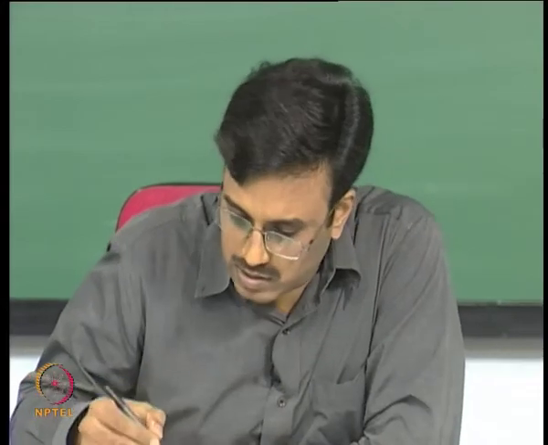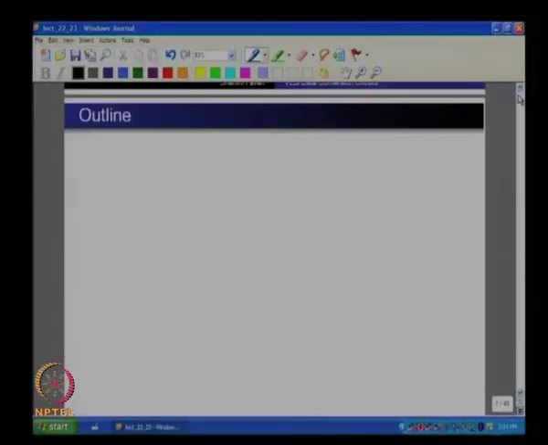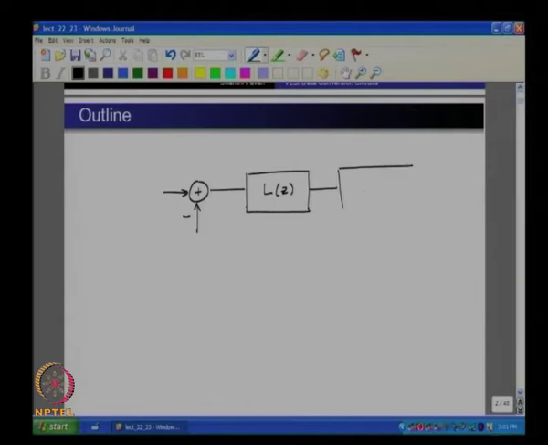In the last class we were wondering what would happen to a delta sigma modulator where we have a loop filter, a specific example being something like this, going into a quantizer.